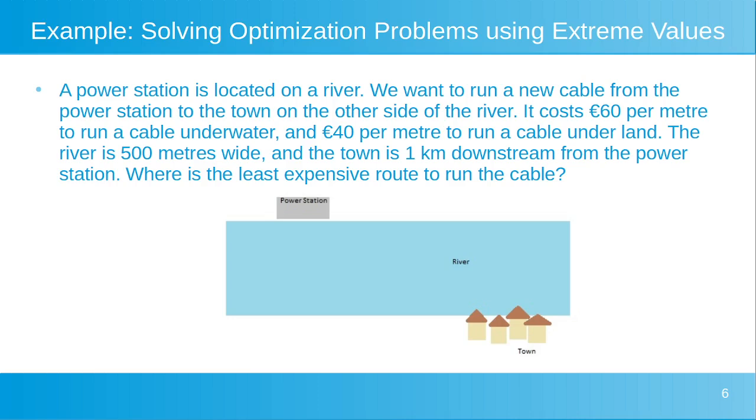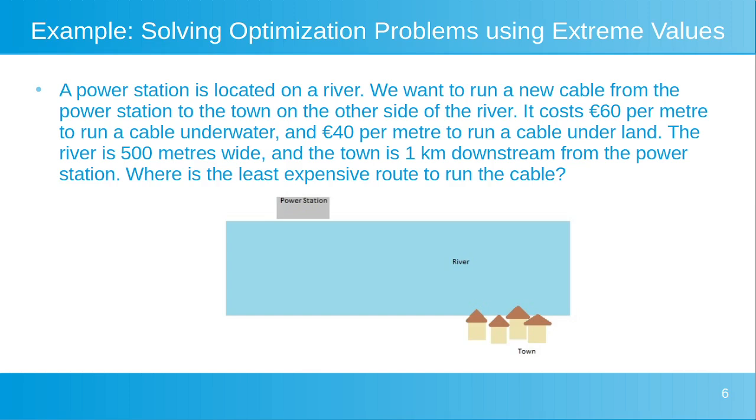It's €60 per meter to run cable underwater, but only €40 per meter to run the cable under the land. So maybe it might be cheapest to go straight across the water in as minimum distance as possible, taking the most direct route straight across the river to the opposite bank. And then you could go the rest of the way along the land.